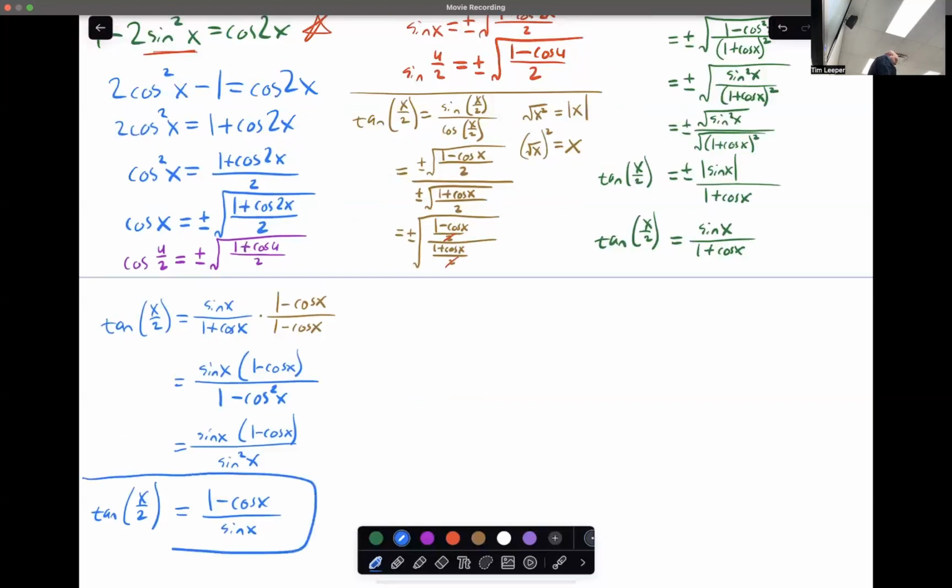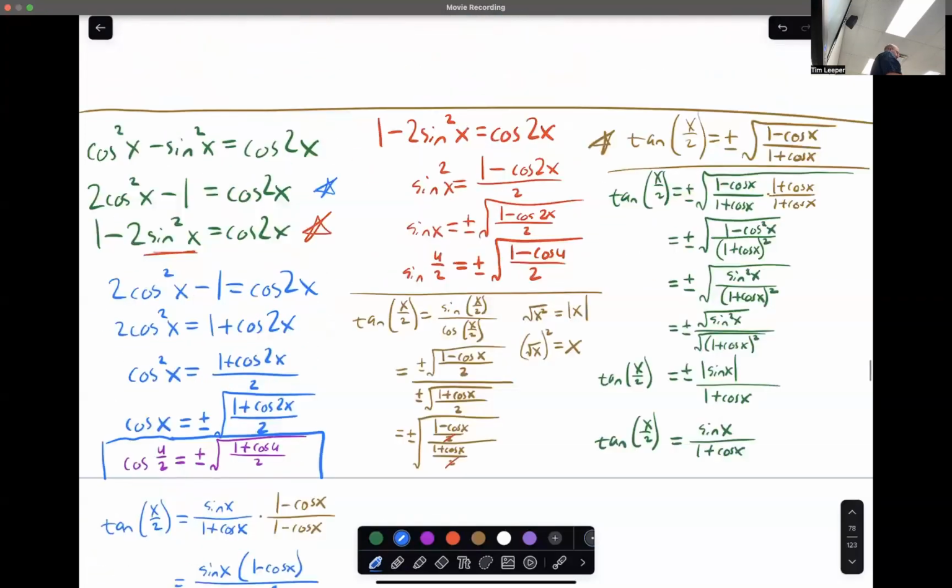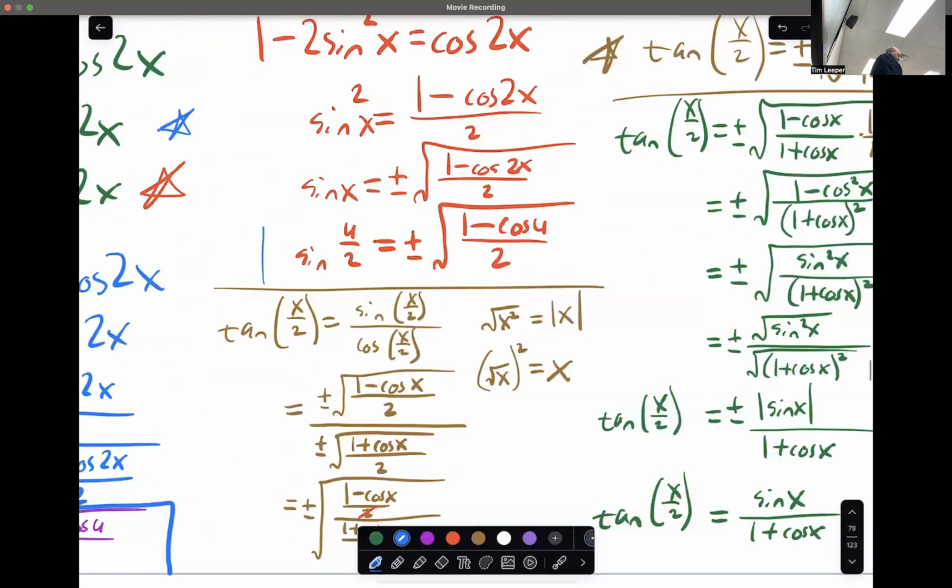The first one was the cosine of u, but it didn't matter really. So cosine of x over 2 is equal to plus or minus the square root of 1 plus cosine of u all over 2. And over here, sine of u over 2 is plus or minus the square root of 1 minus cosine of u all over 2.